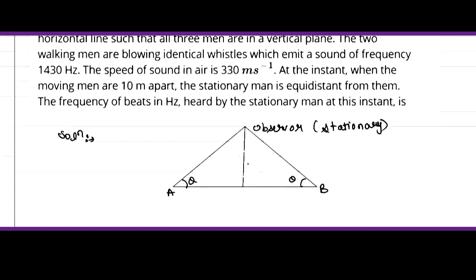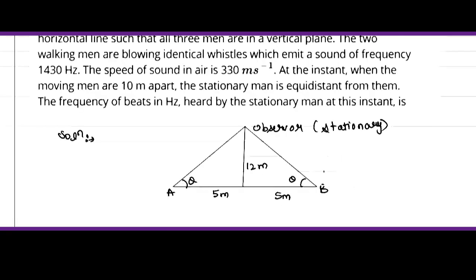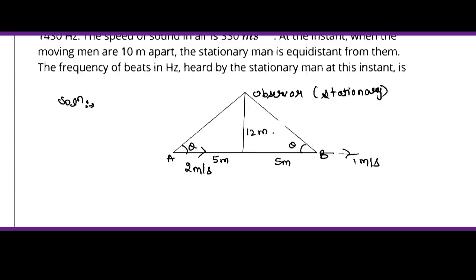This is 12 meter, and this is 5 meter, and this is 5 meter. The velocity of this is 1 meter per second in this direction, and in this direction we have 2 meter per second, the speed of A.